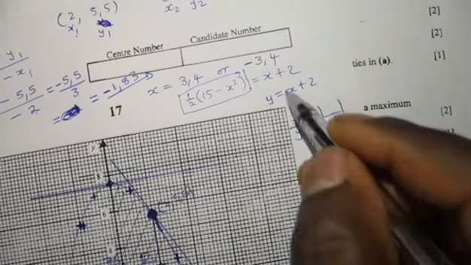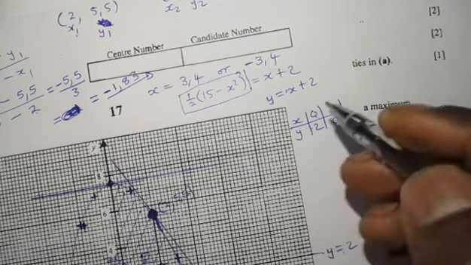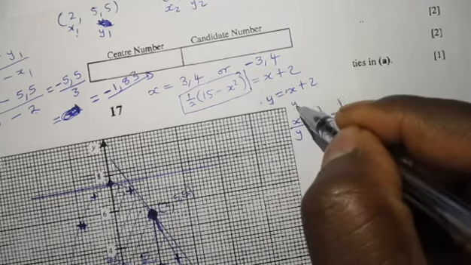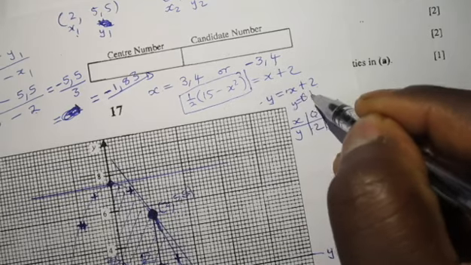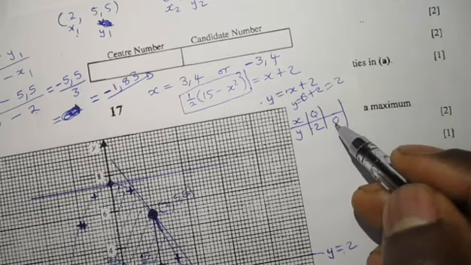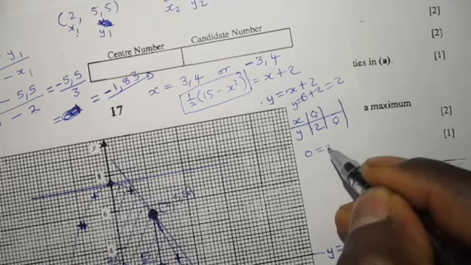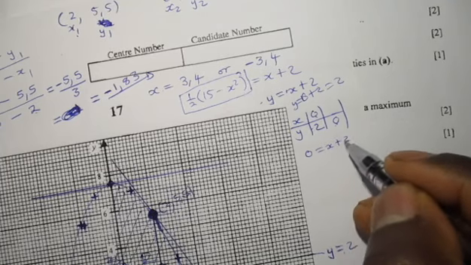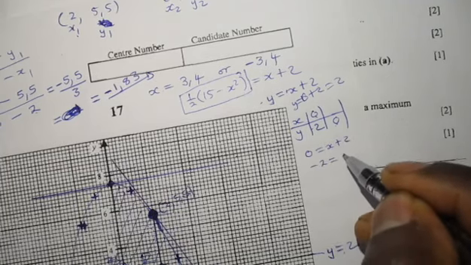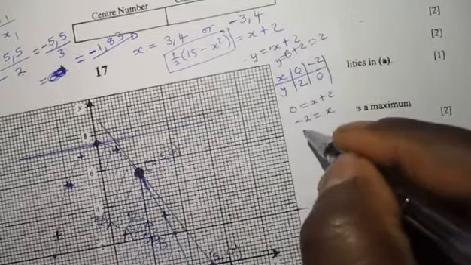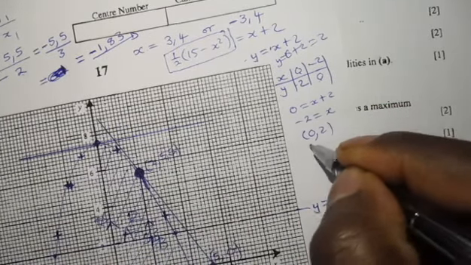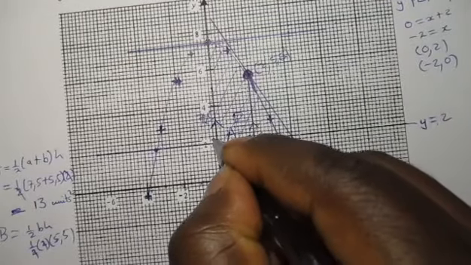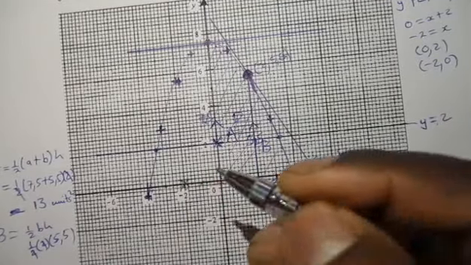So if you put 0 on x, y becomes 2. If you put 0 like y equals 0 plus 2, you get 2. If you put 0 on y, you get 0 equals x plus 2. Moving 2 to the left, it gives you minus 2 equals x. So you have (0; 2), and you have (-2; 0). So this is (0; 2) here, and this is (-2; 0).